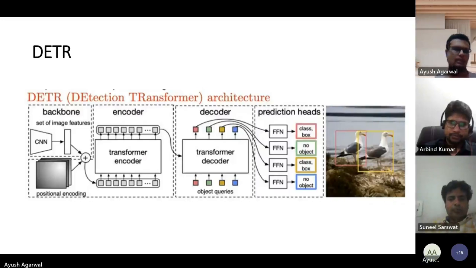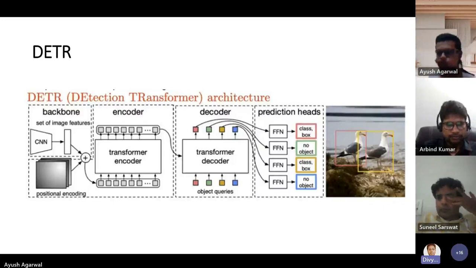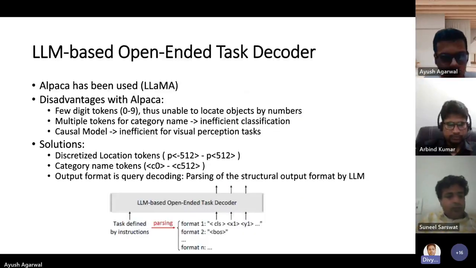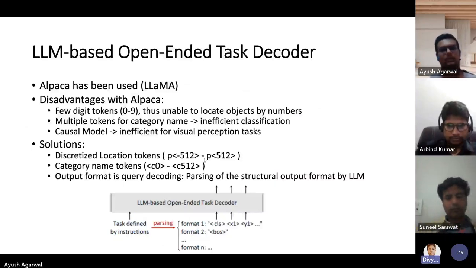Ayush, you mentioned in one of the slides that there are some discrete localization tokens. Is that also some kind of patching, or is it something different? This is creating the whole image into sort of bins so that your model predicts one of those bins. This is on the output side of things. So are bins and patches different, or somewhat similar?